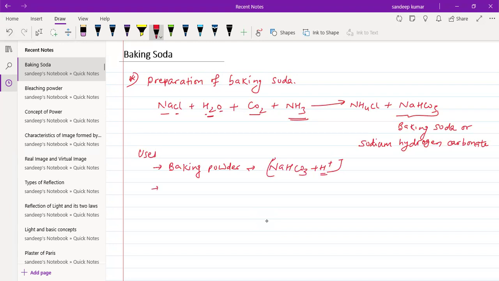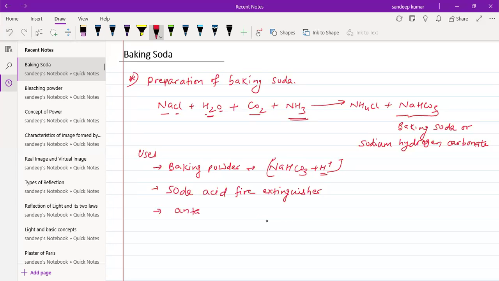Also, it is used in soda acid fire extinguisher. It is also used as an antacid.